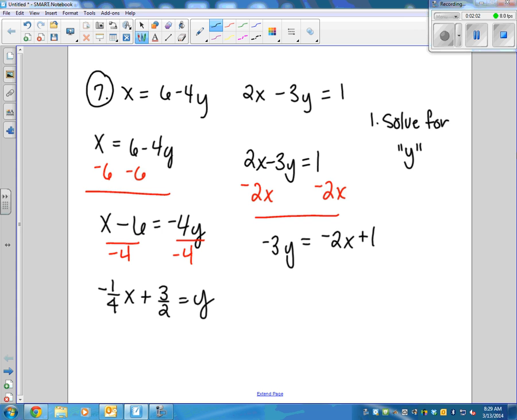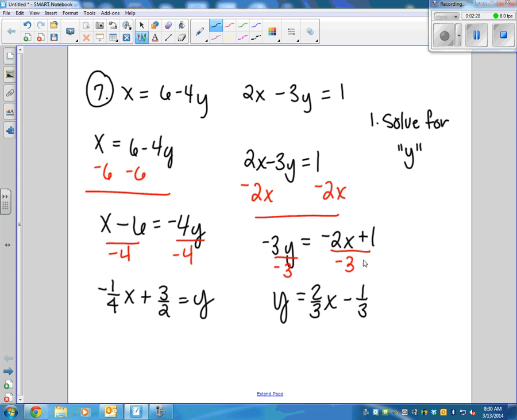What's my next step? I'm going to divide both sides by negative 3, right? Now I'll have y equals, negative and negative make positive 2/3 x, and then minus 1/3, right? Does everybody see that?